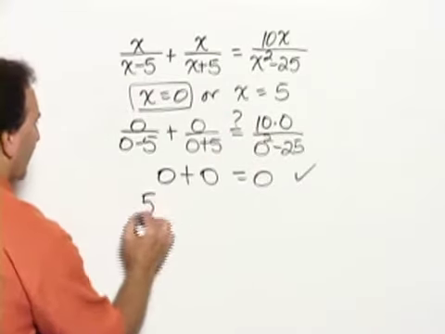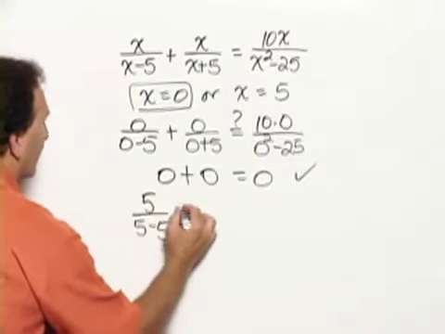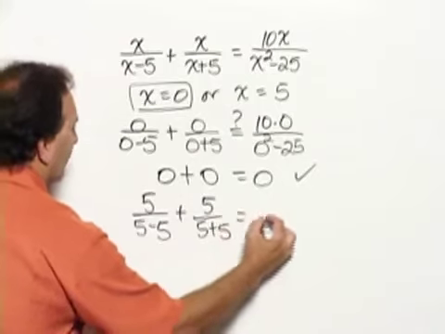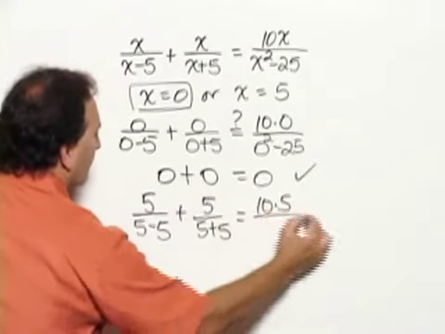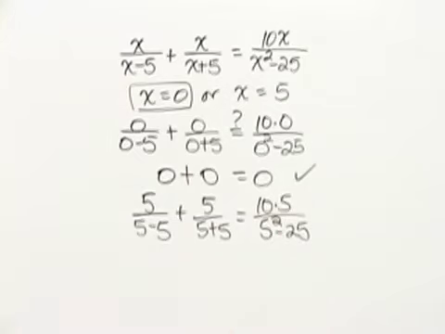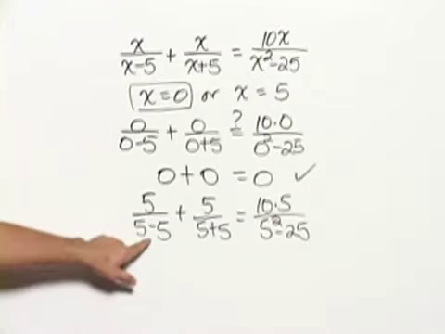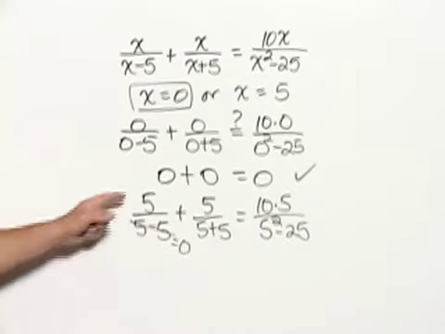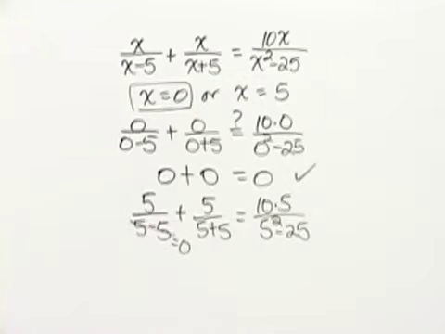This would give us 5 over 5 minus 5 plus 5 over 5 plus 5, and that equals 10 times 5 over 5 squared minus 25. Well, right away you see 5 minus 5 is equal to 0, and that means that this is undefined.